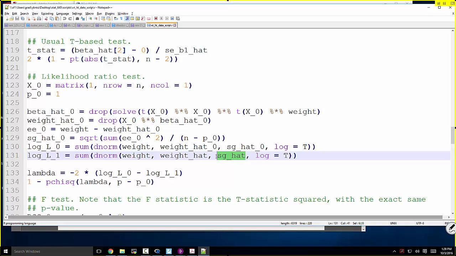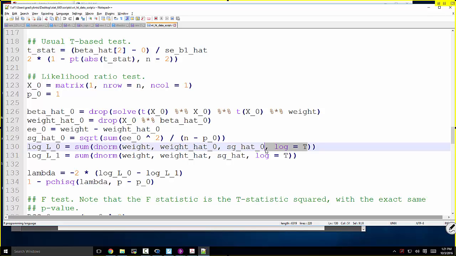It turns out you'll have some trouble if you try to do that exactly the way I stated it, because you're going to have a lot of really small numbers. And when you product up a lot of really small numbers, you can have numerical issues. Instead, what I'm going to do, rather than a product of likelihoods, I'm going to do a sum of log likelihoods.